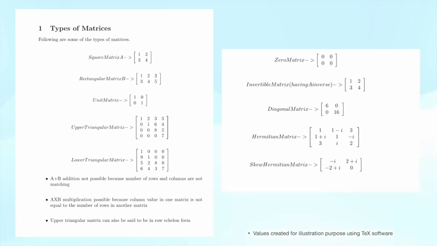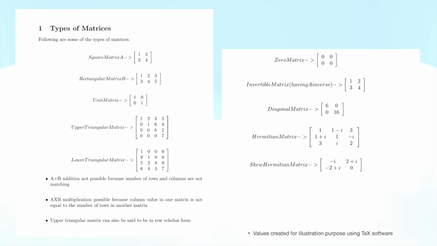For a rectangular matrix, that is not the case. If the number of rows is not equal to the number of columns, then it is a rectangular matrix. It will be like a rectangle. A unit matrix has the diagonal elements as 1, and a diagonal matrix has all elements other than its diagonal as 0.